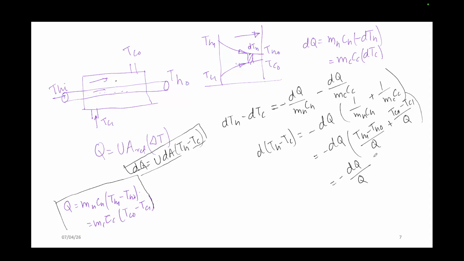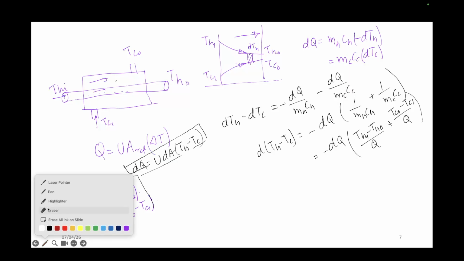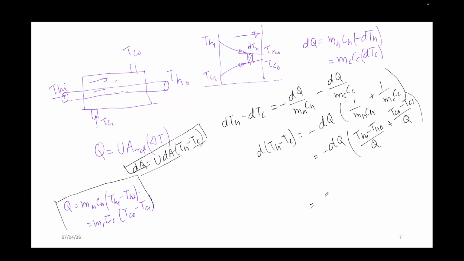So in place of dq, what will I get? Because I have to write it in terms of U, I can write minus U dA (Th minus Tc) by q, which will come into (Thi minus Tho) plus (Tco minus Tci).